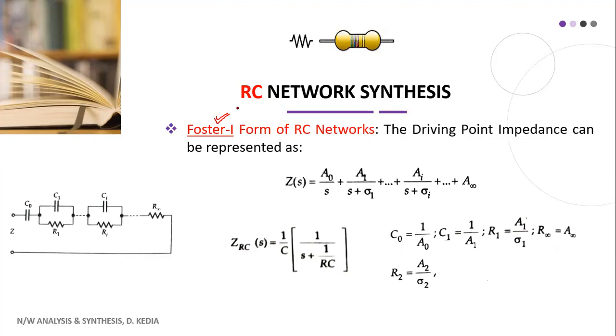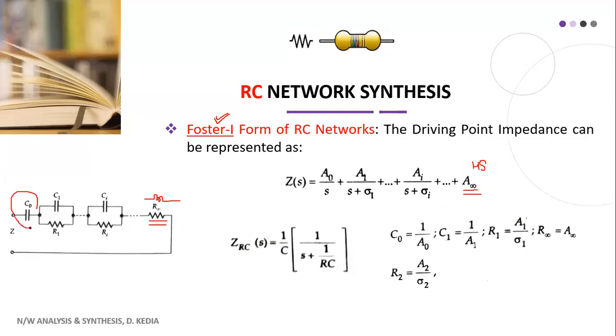If you are able to recall, in case of Foster 1 form, if we had an inductor here, then this last element was represented by, if you can recall, HS. Now since it is a resistance, for resistance the Laplace transform remains the same, so it has been represented as A infinity.